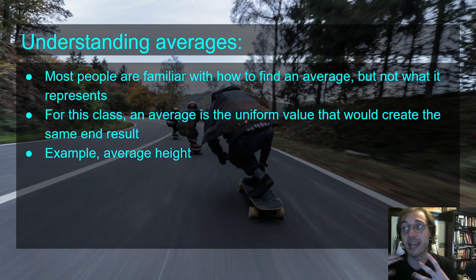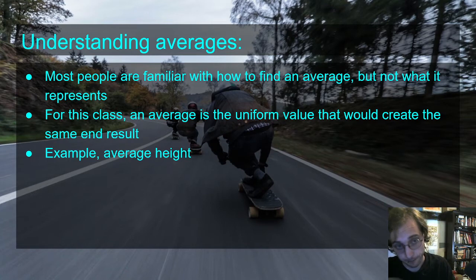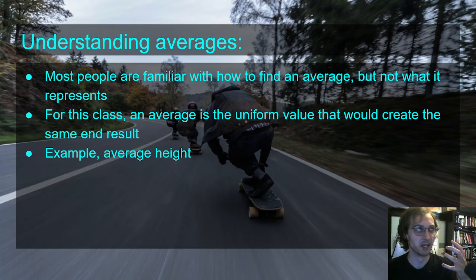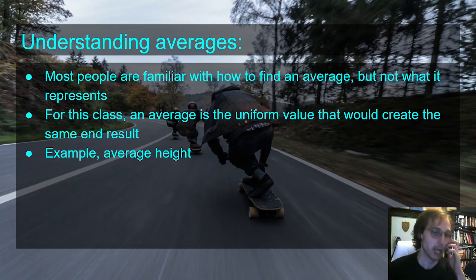If I were to talk about the average height of the people watching this video, that average height would represent: if I wanted to take everyone and have them stand on each other's shoulders, how could I get the same number of people who were all the exact same height to stand on each other's shoulders and make the same tower? That's really what we're getting at with an average. How do you get the same end result using the same amount of stuff?